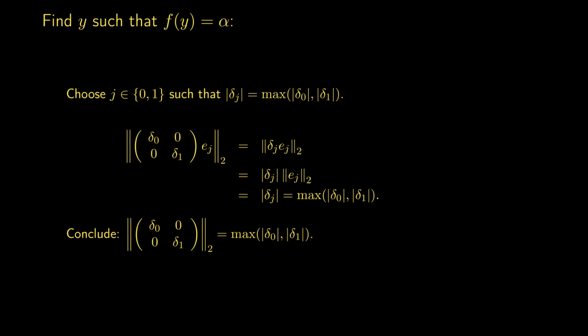So here what we said was, well, if we pick the standard basis vector that corresponds to the diagonal element that's maximal in absolute value, then the function is equal to alpha, where here alpha is equal to the maximum of the absolute values of delta 0 and delta 1. And therefore we can conclude by what we just discussed that the 2 norm of the diagonal matrix is just equal to the maximum of the absolute values of the diagonal elements. And that's a proof technique that you're going to see over and over again in proofs that you'll do in homeworks in the future.